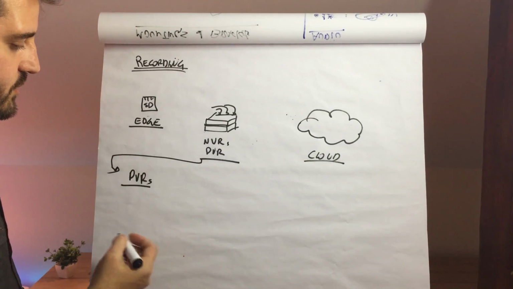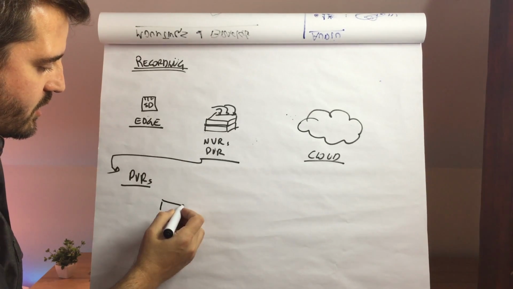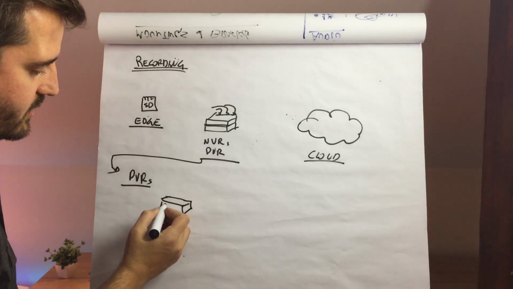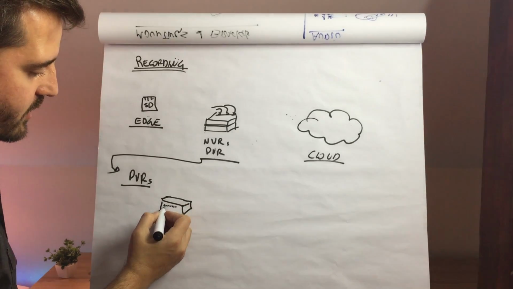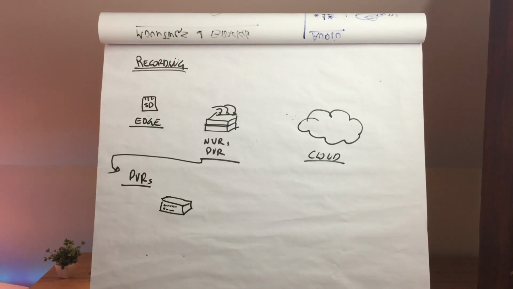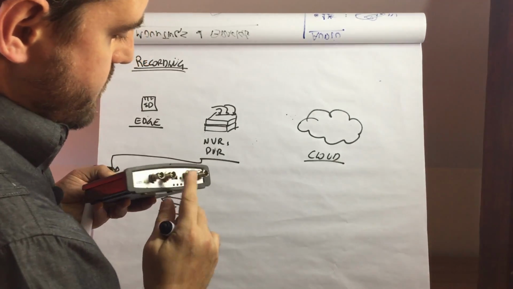DVRs, we have all the camera cables going physically to the DVR, to the back of the DVR. So we have ports like this one. This is an encoder, but basically that's the same port.